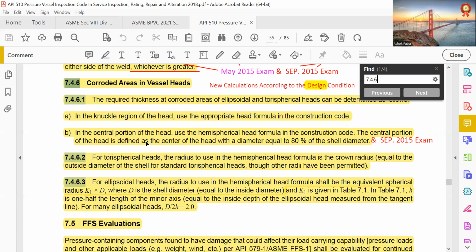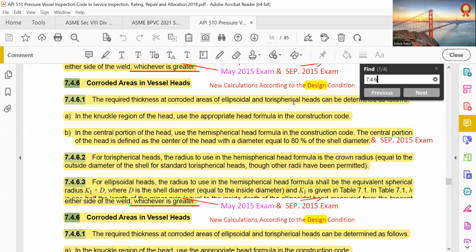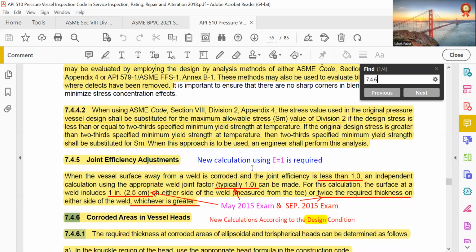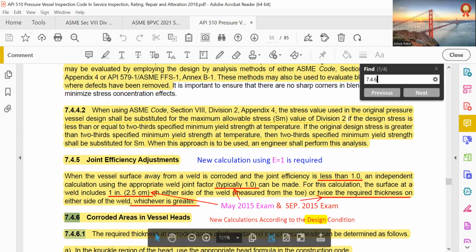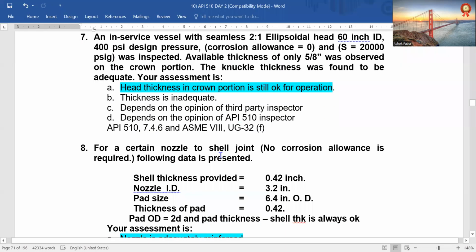For many ellipsoidal heads, D by 2H equals 2. Okay. Head thickness in the crown portion is still okay for operation.